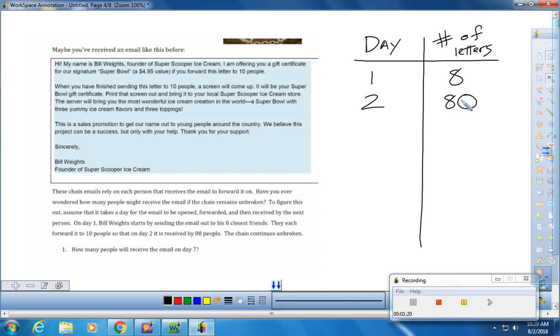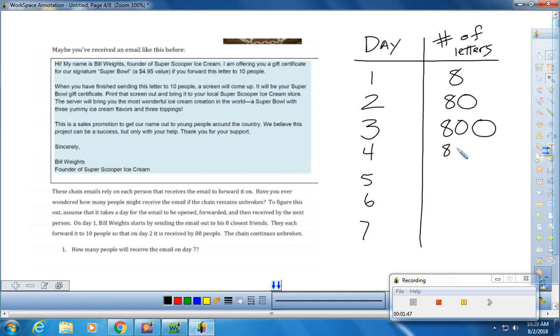Those 80 people each forward it to 10 people. Okay? So on day 3, now 800 people get that letter. So we need to go to day 7, and now we can see the pattern.